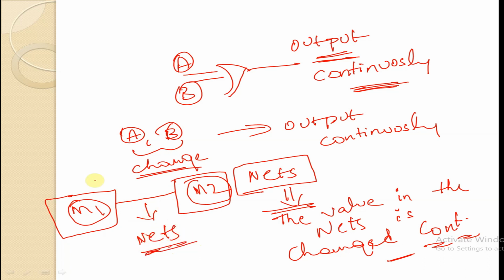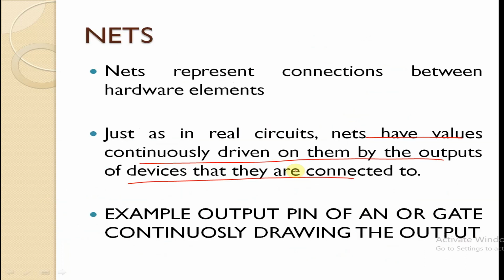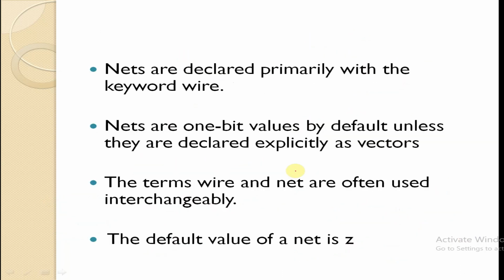Basically these are used for connecting 2 design blocks. The value in these nets will change continuously, just as in real circuits, nets have values continuously driven on them by the outputs of the devices that they are connected to. So these are the nets in Verilog.